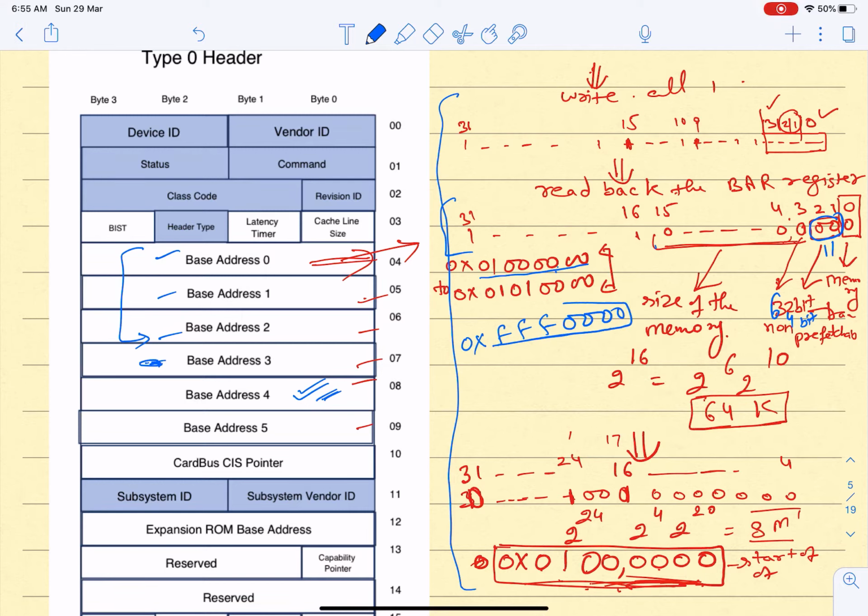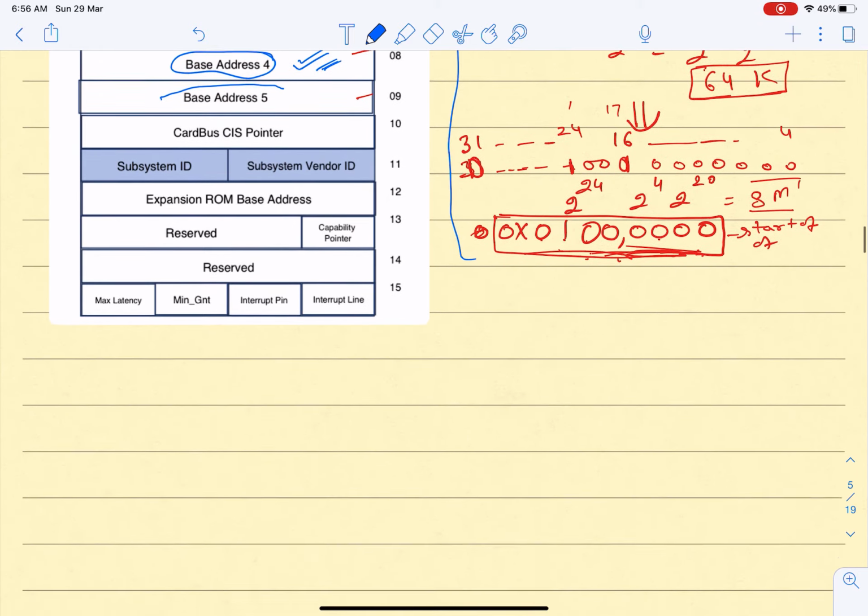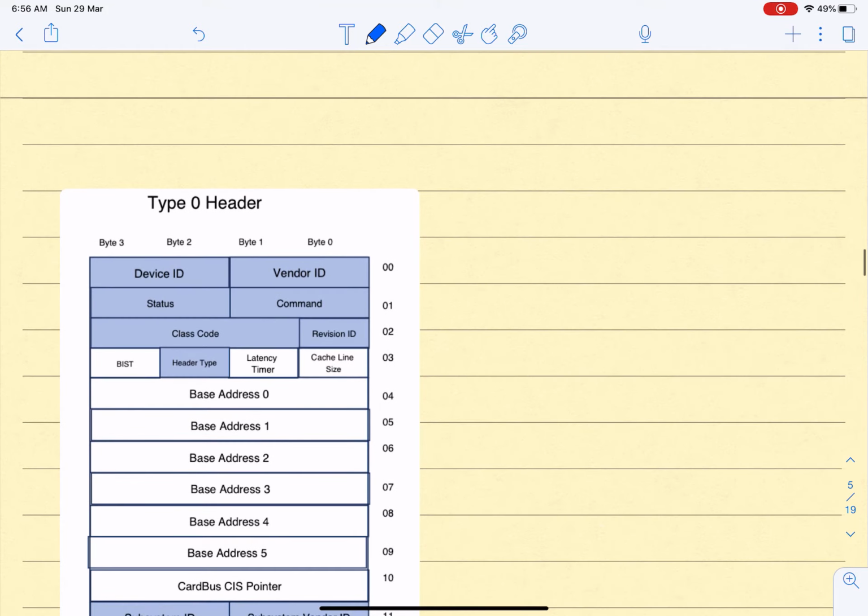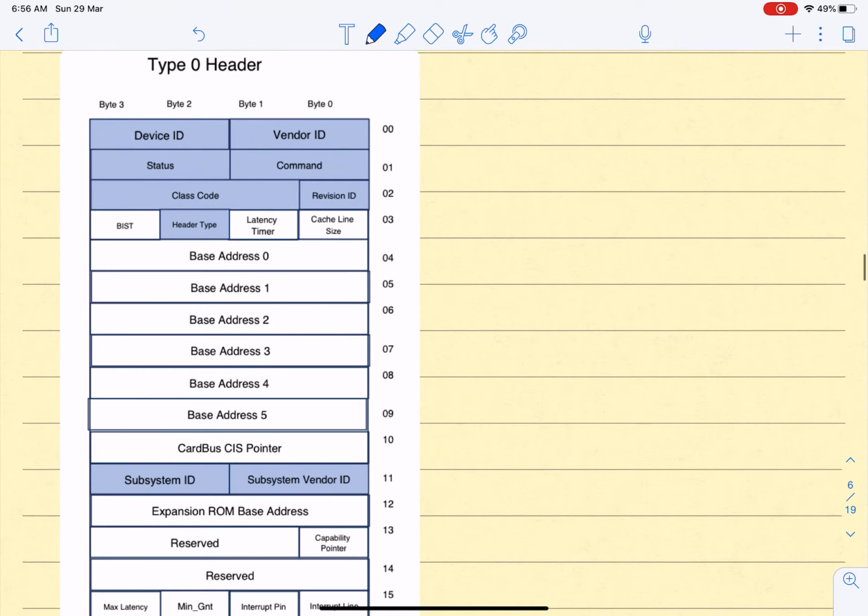This can be the start address of the upper 32 bits of the base address, which will be configured in base address register 4, because in 3 we read and we found that it is 64-bit. It should be mapped in the 64-bit memory region. Okay, here I explained about that 64-bit.